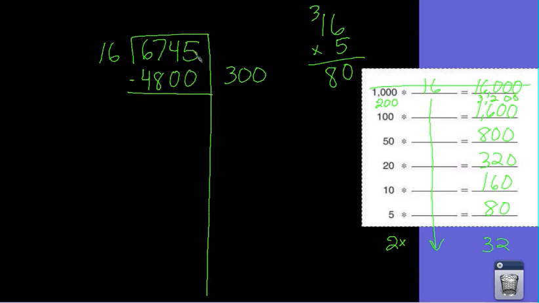I probably still could have gotten closer, but I don't want to spend all my time if I'm not 100% certain. I'm going to go straight to my division. So now that I've done 300 times 16 to get 4,800, I'm going to subtract.